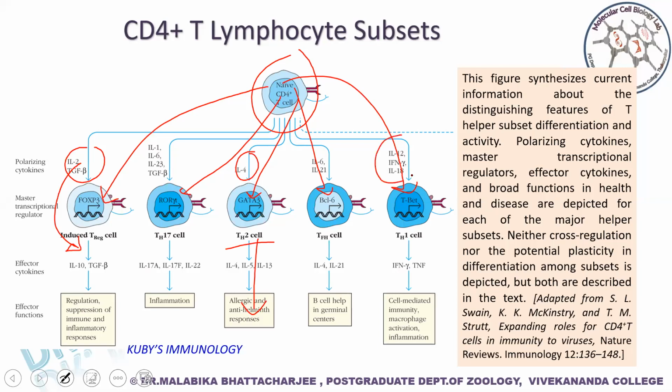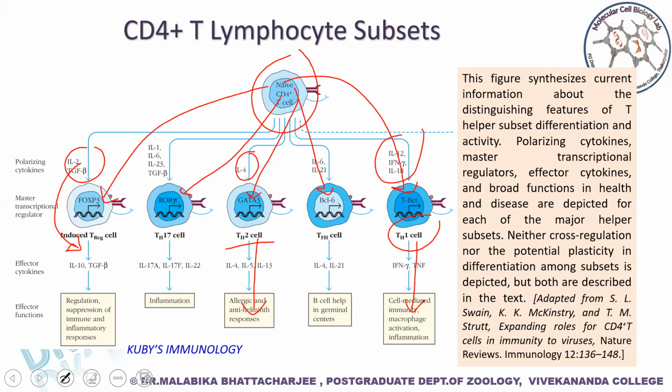When we have the production of IL-12 and IFN gamma, we have a T helper 1 cell which induces cell-mediated immunity. Whenever these cytokines are the stimulators, the cytokines are actually telling that naive CD4 positive T helper cell which subpopulation it should become.